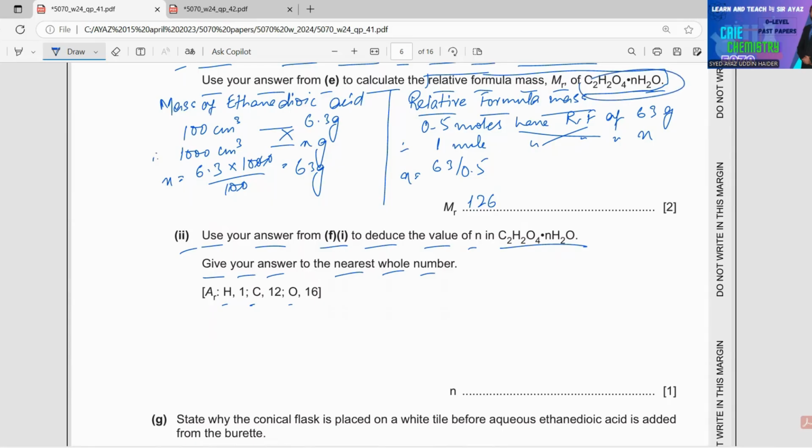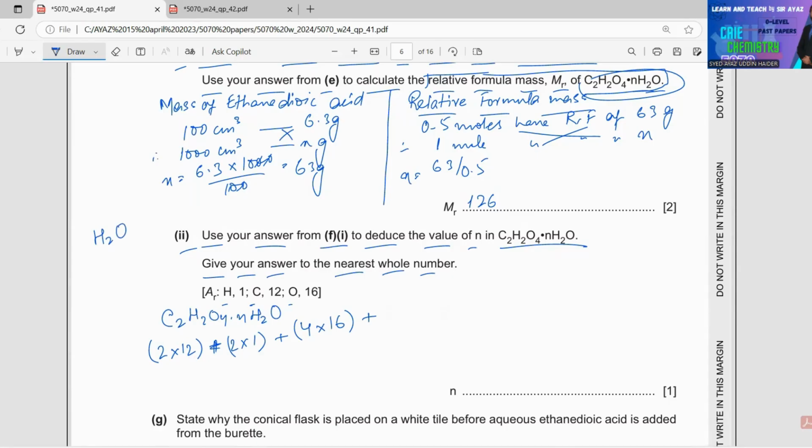So we have C2H2O4.nH2O. C2 multiplied by 12, plus we have 2 atoms of hydrogen, so 2 multiplied by 1, plus 4 atoms of oxygen, 4 multiplied by 16, plus the Mr of H2O. If you want, you can calculate it here.